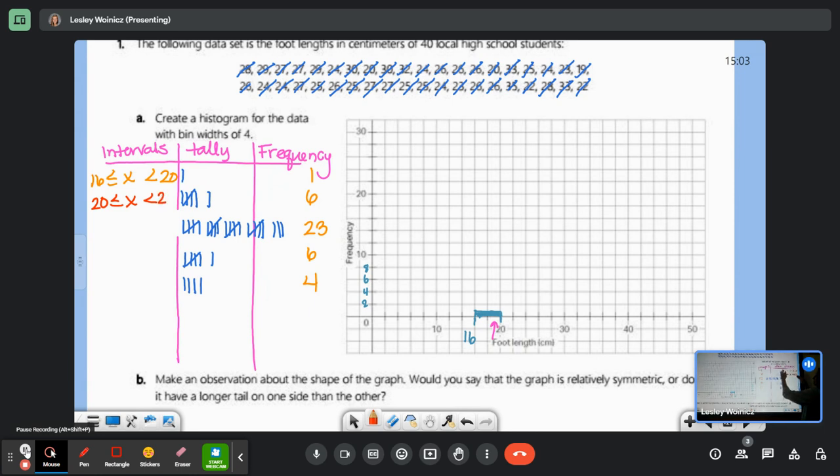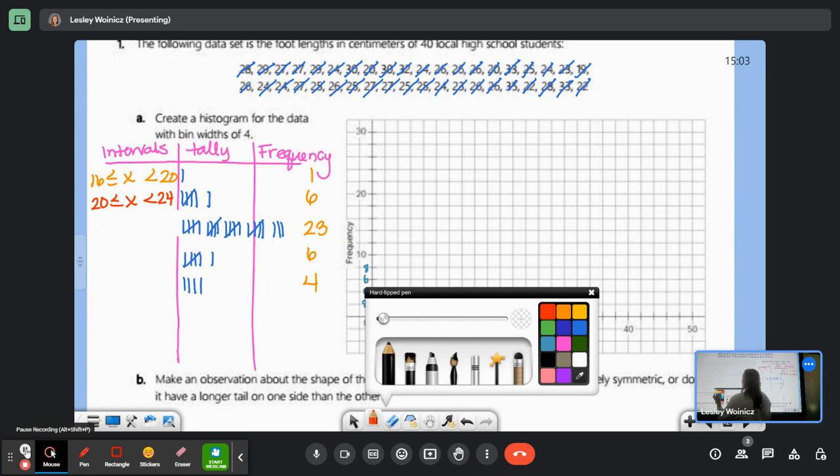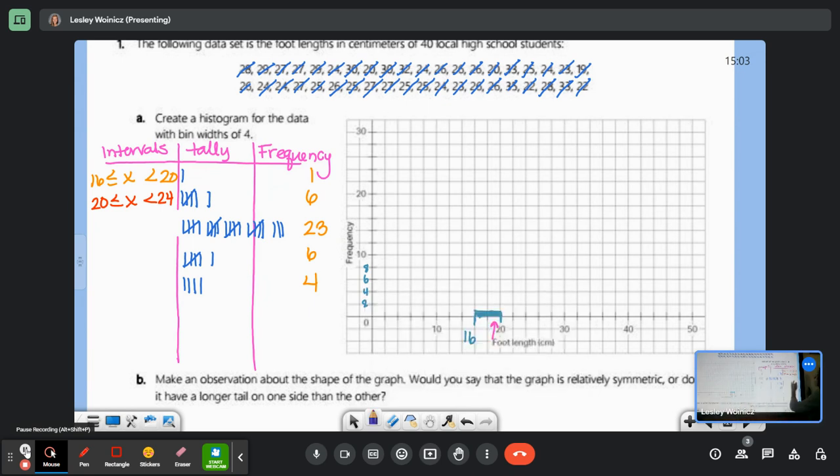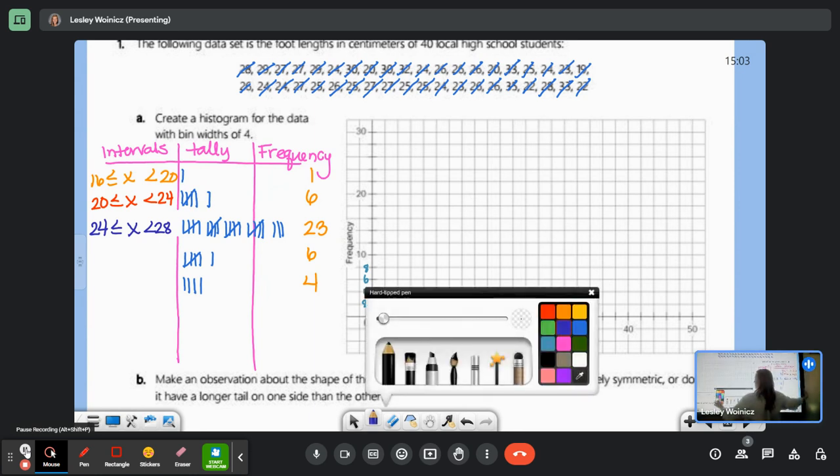Isn't 23 less than 24? I'm trying to say the same thing, just more exact. The next bin would be 24 is less than or equal to x is less than 28. I should have just done that to start with.